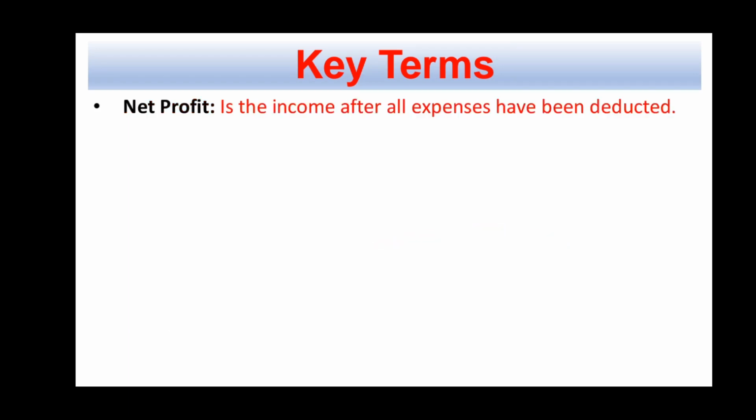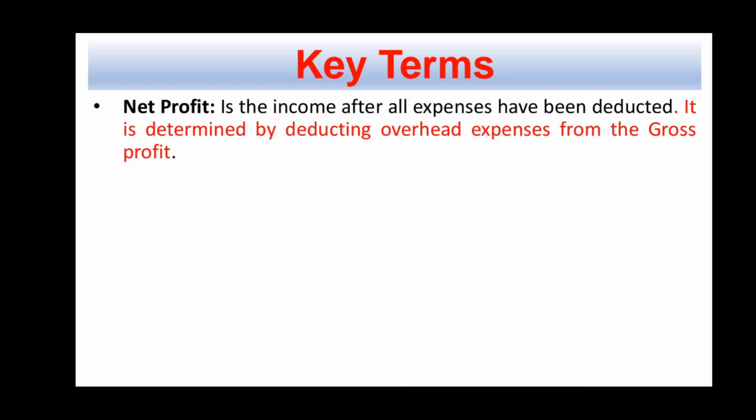Now net profit is the income after all the expenses have been deducted. That is, it is determined by deducting overhead expenses from gross profit. If you are talking about overhead expenses, you are talking about indirect expenses, just like I said earlier. What are the indirect expenses?